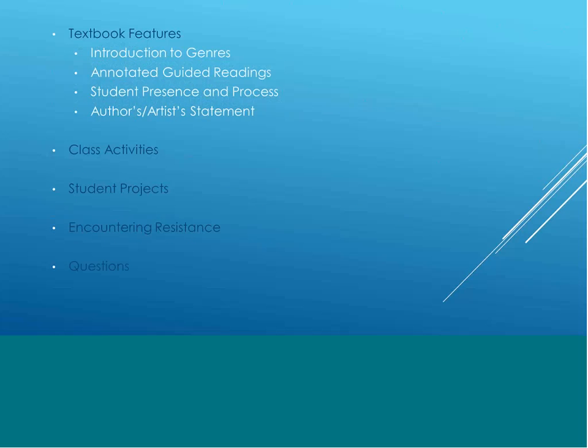We'll then look at a few of the specific features of the textbook and talk about how those can be integrated into a course. And then we'd like to take you back into the world of the classroom, looking at class activities, student projects, perhaps some resistance that you might encounter, and hopefully leave plenty of time for some questions.